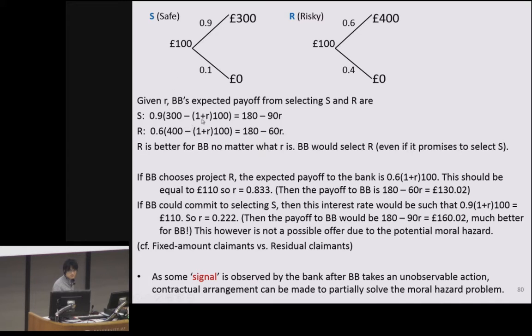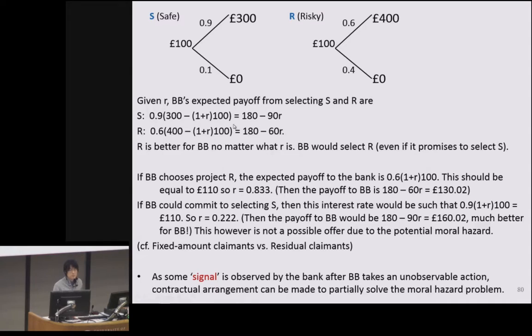Let's compute the expected payoff to Brown Bakery from selecting the safe project and from selecting the risky project. If Brown Bakery, after getting this loan with interest rate R, selects the safe project, this is the payoff to them. 90% chance of the project succeeding and making £300, and they have to repay this much, 100 times 1 plus R is the payment to the bank.